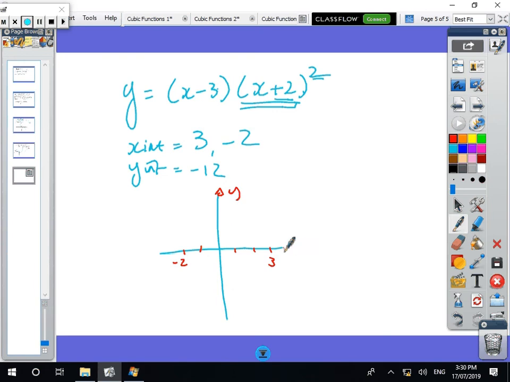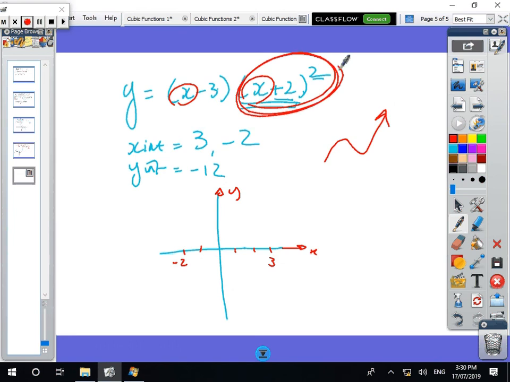Okay, it's a positive x cubed, so it has to finish up. The double root is at minus 2, so it's going to bounce. The gap between minus 2 and 3 is 5, which is about 2.5.